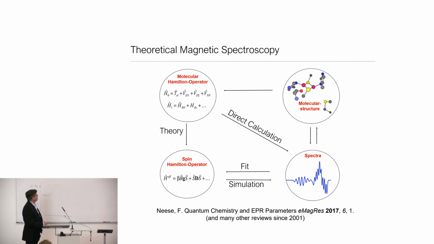So that is then the interplay of fit and simulation that gives you numerical values for these spin Hamiltonian parameters. And now the job of theory is to make the connection between the first principle physics here and the effective physics here. So the spin Hamiltonian is what we call an effective Hamiltonian.